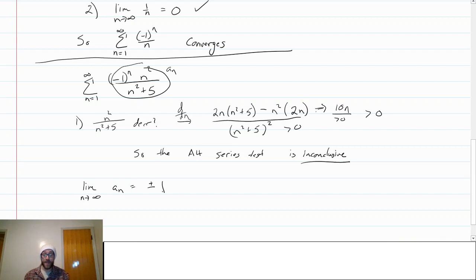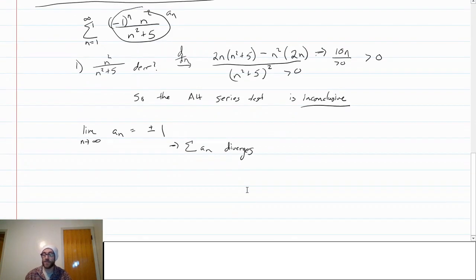In either case, positive 1 gives us a number that's not 0, negative 1 gives us a number that's not 0. And so by the limit test for the sequence, we get that the sum of a_n diverges.